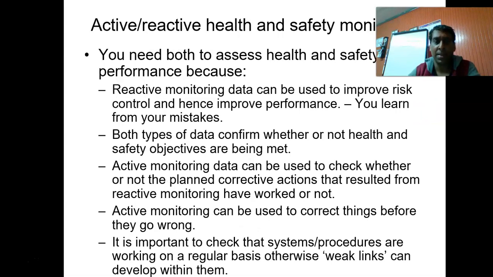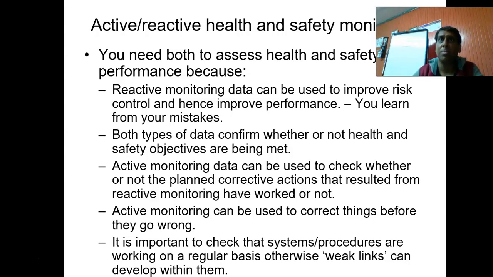Someone may have left a cord across a walkway, somebody may have left a machine that is unguarded. You can pick that up in the inspection, and because it is something you see before the harm occurs, it is classed as a proactive or an active means of measuring performance. So the reactive, remember what you need for the exam.